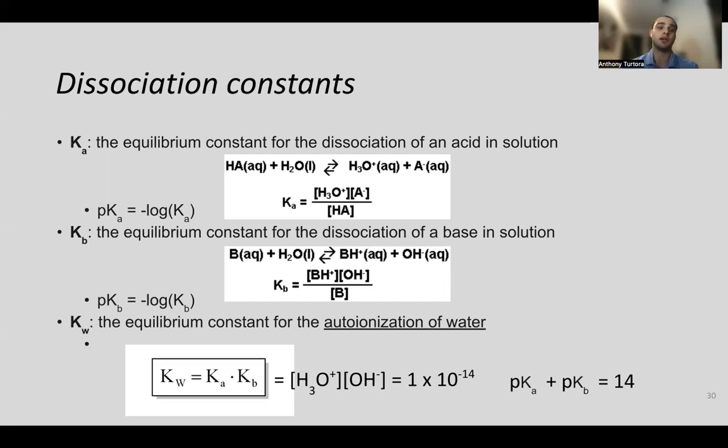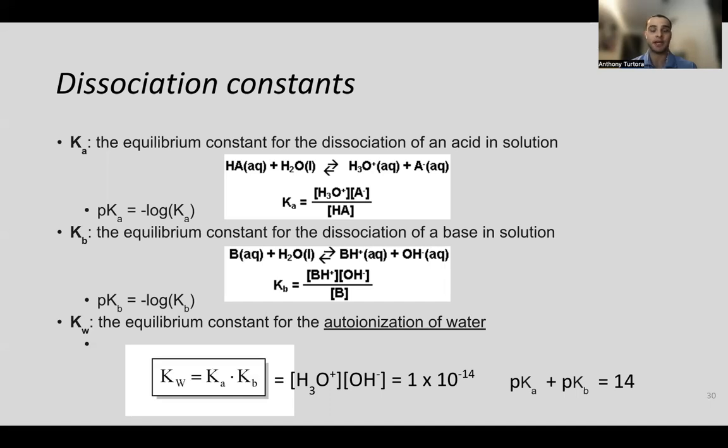And then when we think of this in terms of pKa and pKb, the smaller the pKa or pKb value, the stronger the acid or base. So if I have a low pKa value, I am going to have a strong acid. For base here, Kb is the equilibrium constant for the dissociation of a base.